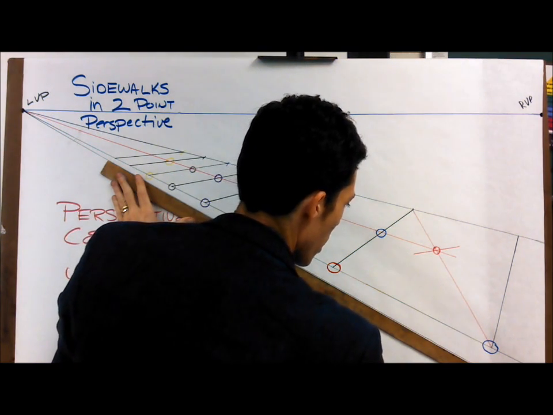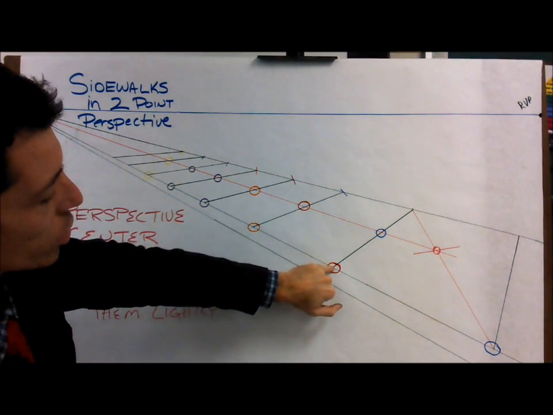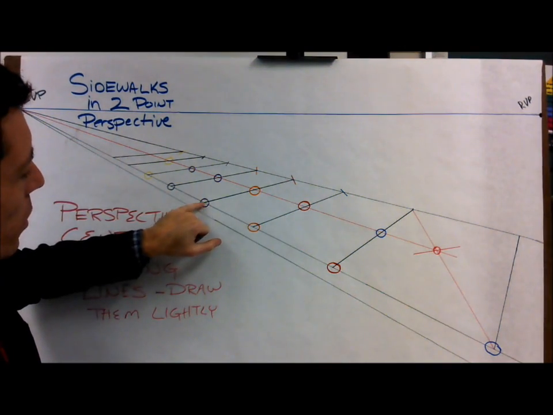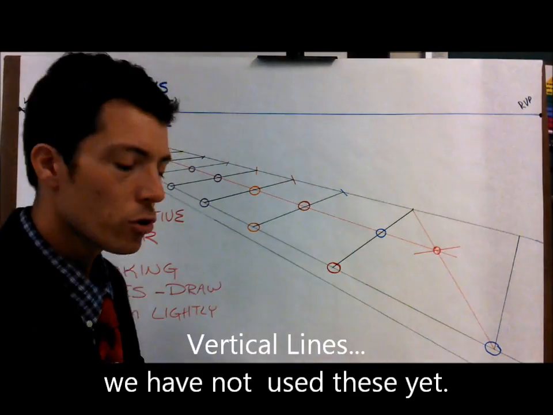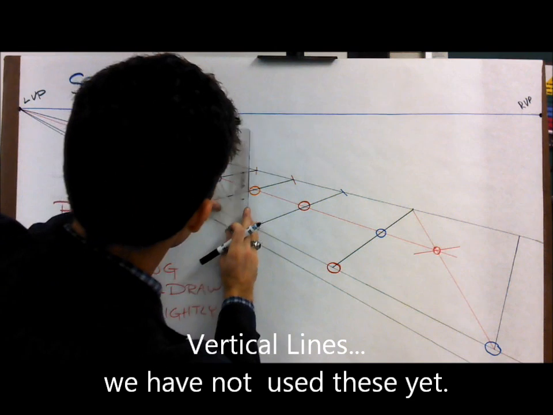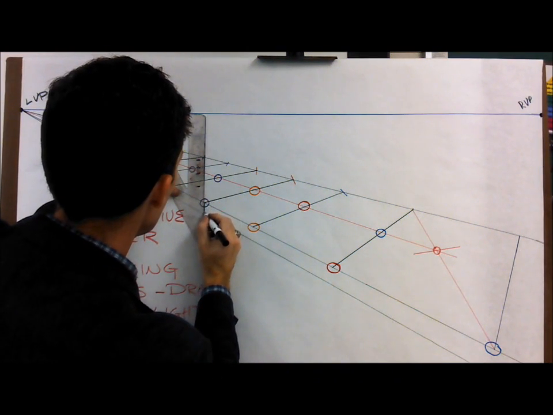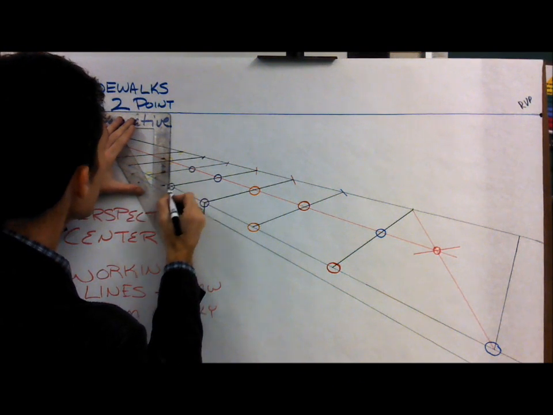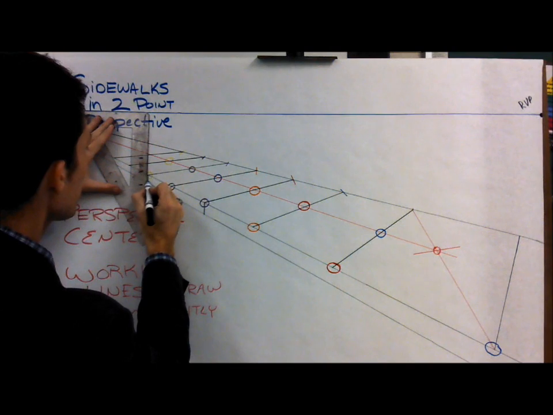Oh, stay on the ruler. There we go. And now from each of these corners, I'm going to draw a vertical line straight up and down until I bump into that last bottom diagonal. And this is going to give it the appearance of stepping up.